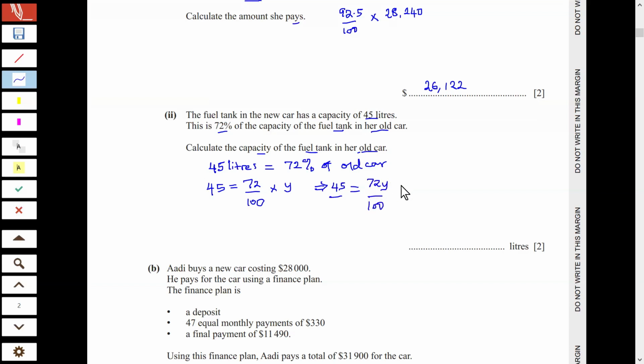So we can multiply both sides by 100 and cancel out the 100.